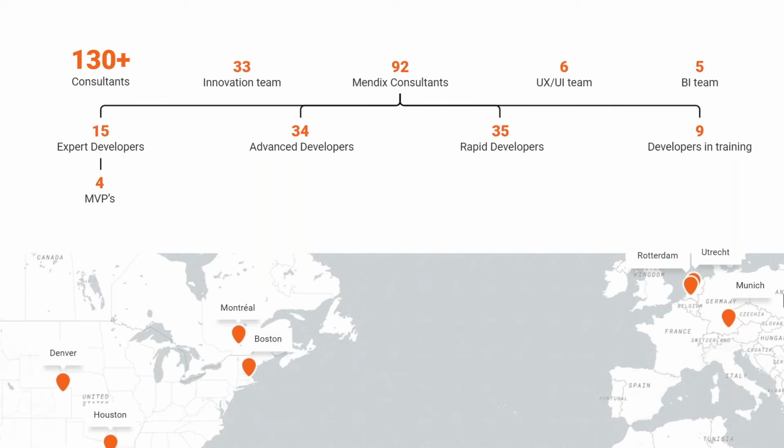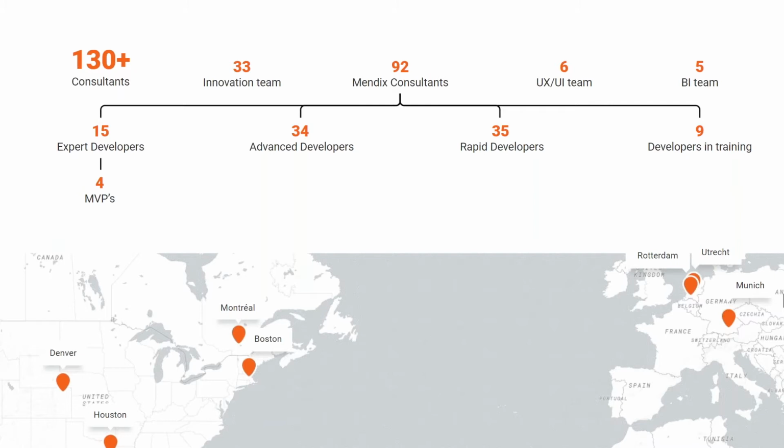Then we've grown to over 130 consultants, divided over 4 teams. To start, the innovation team, which has all this knowledge about big data, machine learning, IoT. Then we have the Mendix consultants, divided over several certifications.